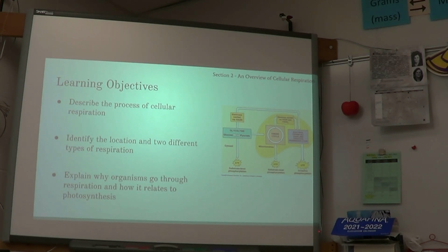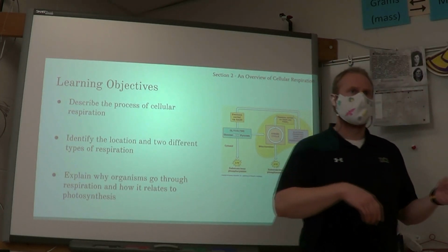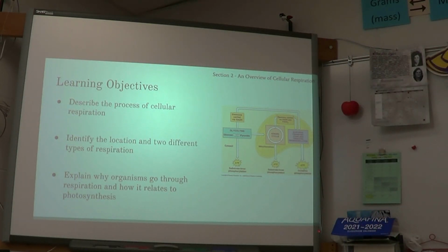Plants need oxygen to live. Plants need sugar in order to live. The difference between plants and animals is that plants make their own sugars and the oxygen they need, whereas animals don't. We have to eat food. We have to breathe in air.